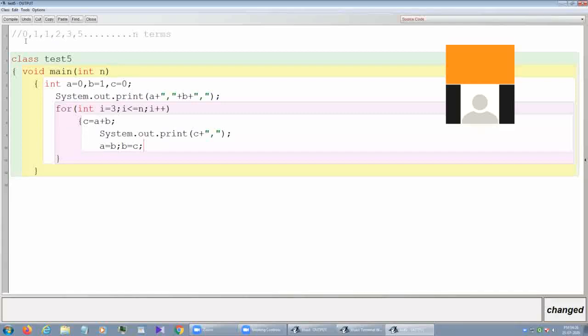No, sir, I can't understand. What is n? The number which we give as input. This input is given for what purpose? Number of terms we need. So if you give n as 5, what are the terms you will get?